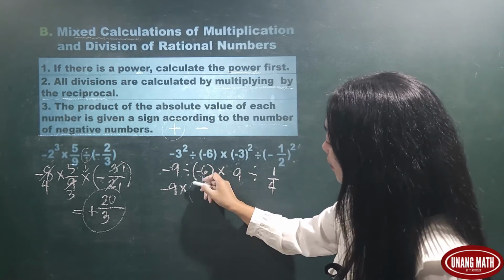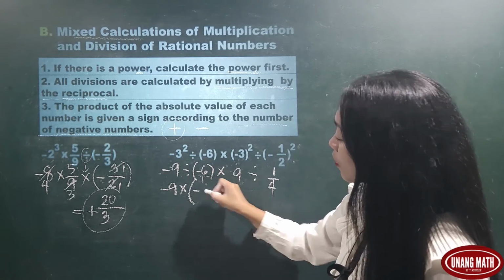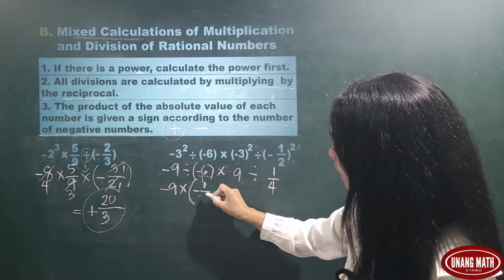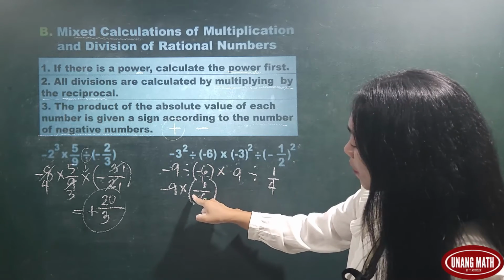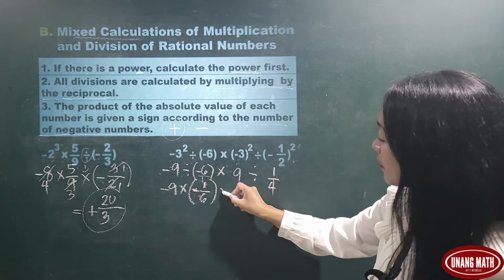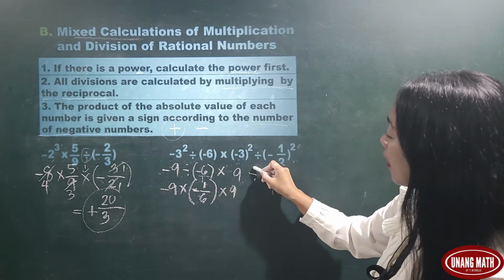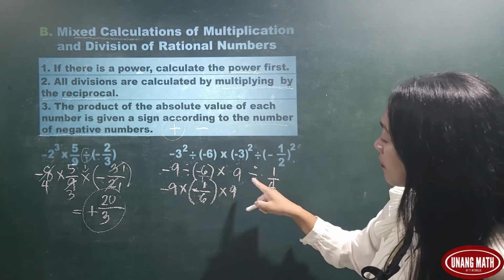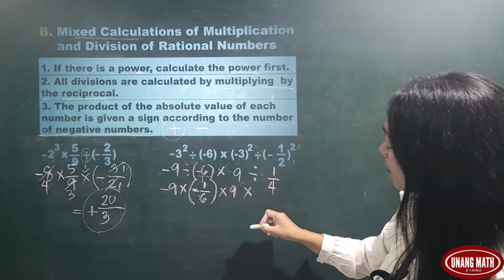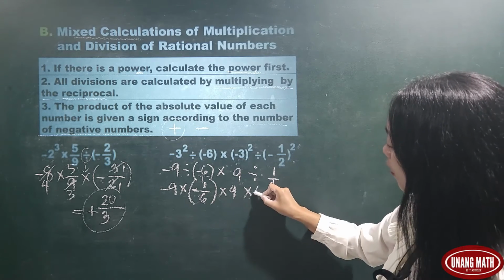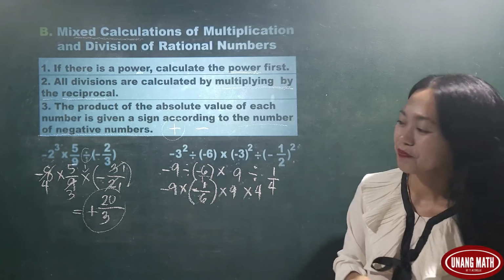Since this is a negative number, the reciprocal is also a negative number. 1 becomes the numerator, 6 is the denominator. So we have negative 1 over 6 times 9. Okay, we have here a division sign. So multiplying by the reciprocal, division becomes multiplication, and then get the reciprocal of 1 over 4, 4.